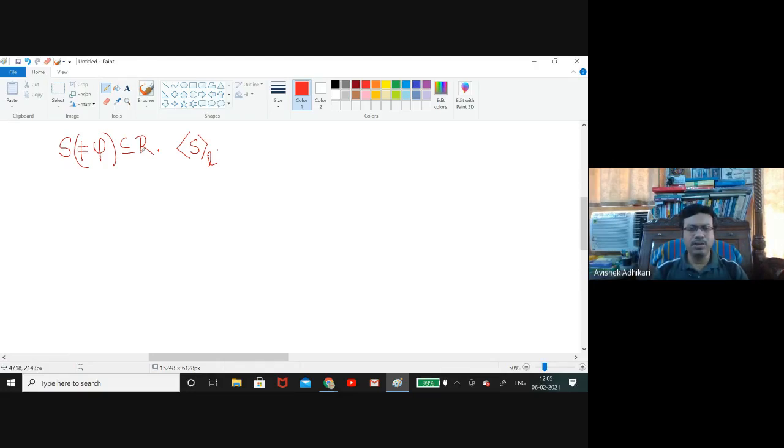S is a non-empty subset of R. I claim that S is contained in some left ideal of R. Is it true or false?